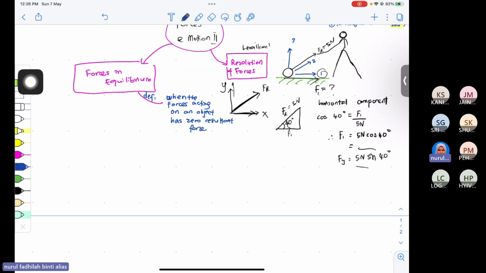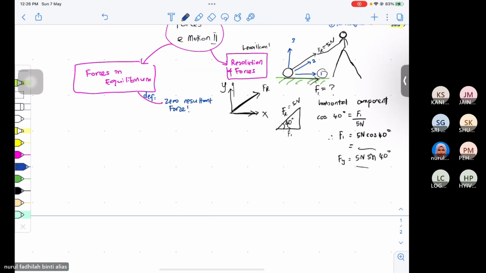Okay, ataupun nak ringkas je, apa maksud forces in equilibrium? It is zero resultant force. Ya, ingat. Tadi resultant force kita dah belajar. F1 plus F2. Tapi kalau you kira F1 plus F2 sama dengan kosong, so kita ada force yang in equilibrium.